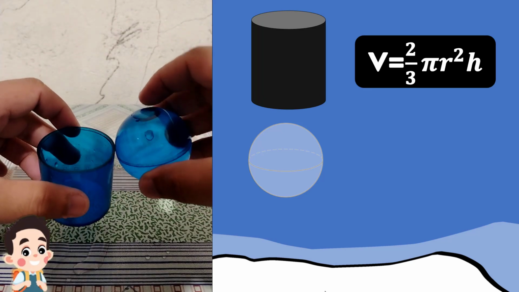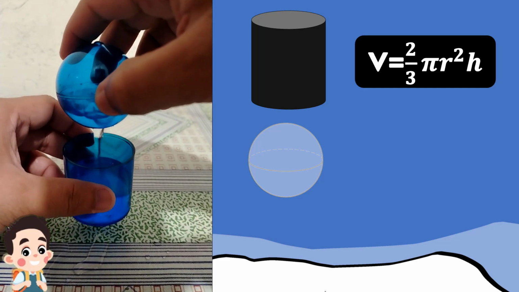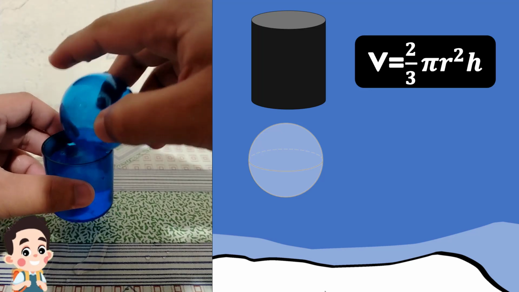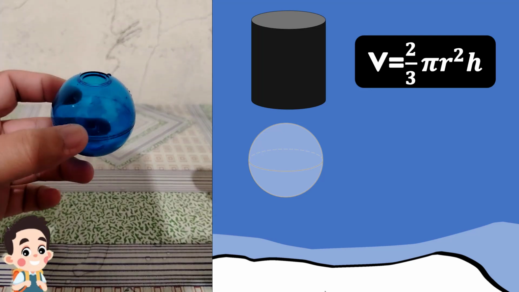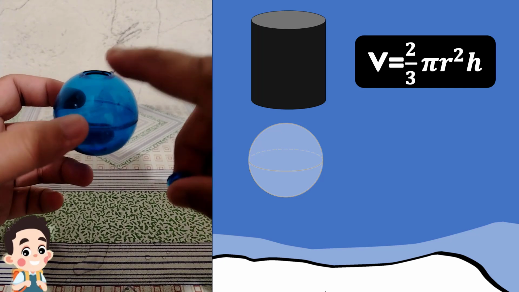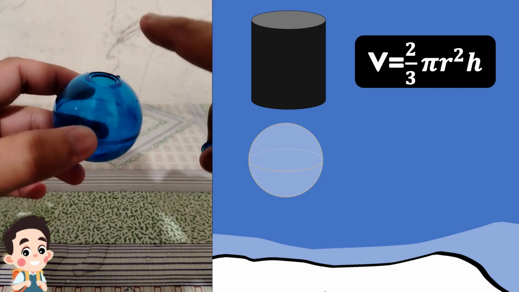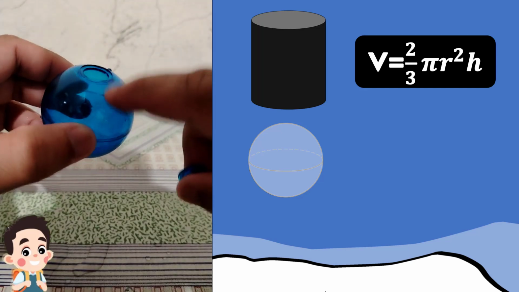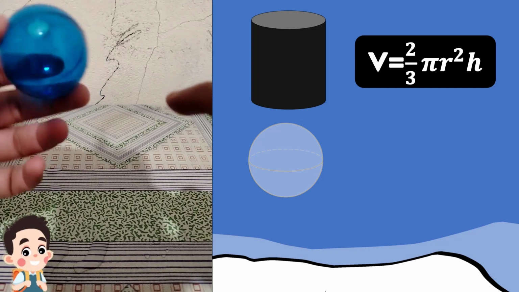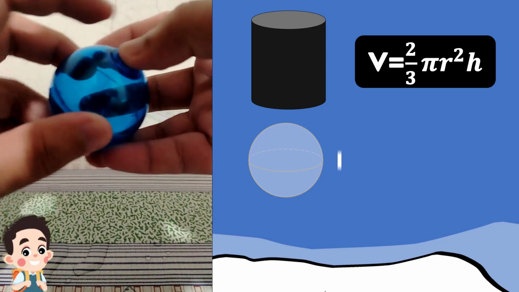Let me continue this understanding here. Again, we have established 2/3 of pi r squared h. However, for a sphere, there's no height here. Because if we look into the formula 2/3 of pi r squared h, there is a radius here, but the height is not observable. So let us look into the concept of the height.